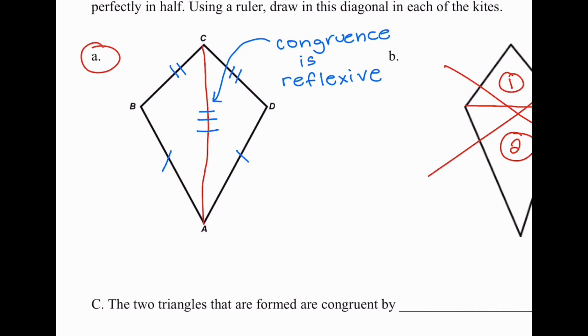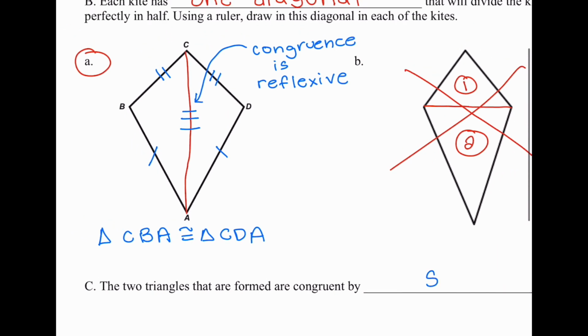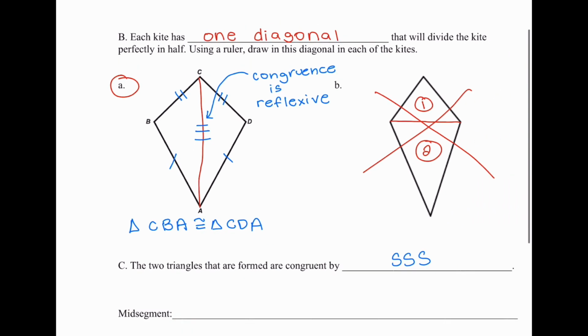And if you notice, I just made two congruent triangles. Triangle CBA is congruent to triangle CDA. And these two triangles are congruent by SSS, because they have all three sides marked as congruent.